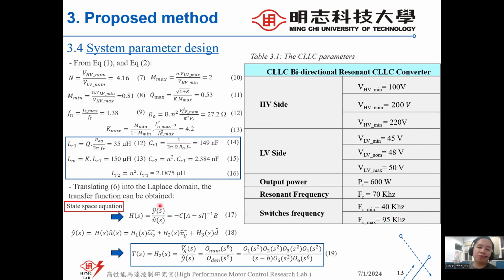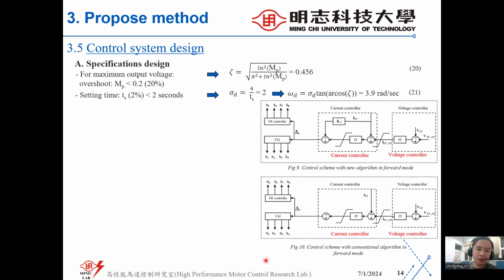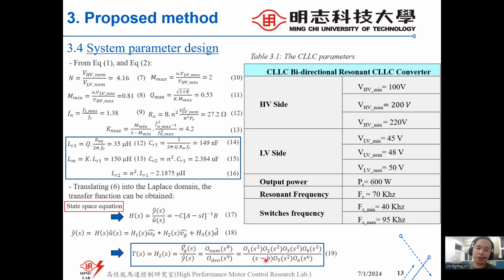The state space equation can be translated into the Laplace domain, and the transformation can be obtained following equation 17, and we can define the transfer function following equation 19. And after we know the state space equation, we now have the values of LR1, CR1, LM, CR2, and LR2.